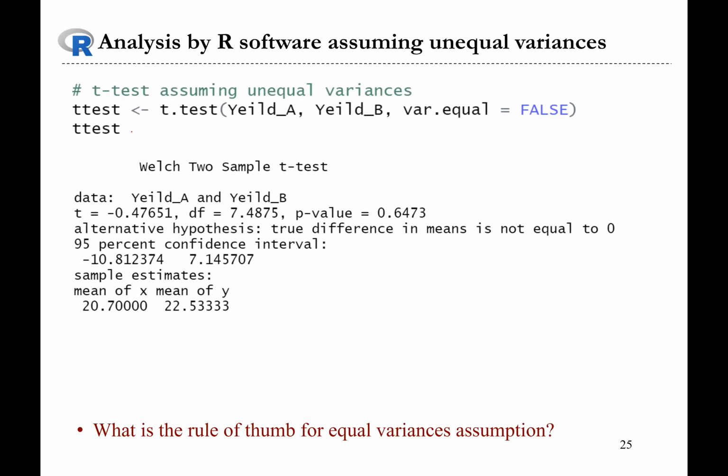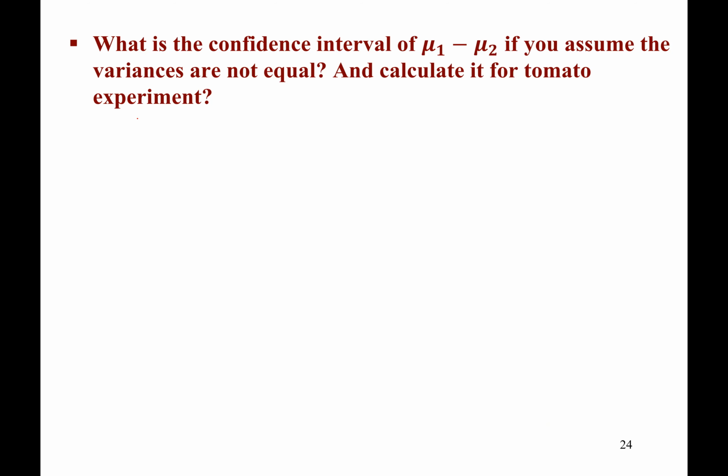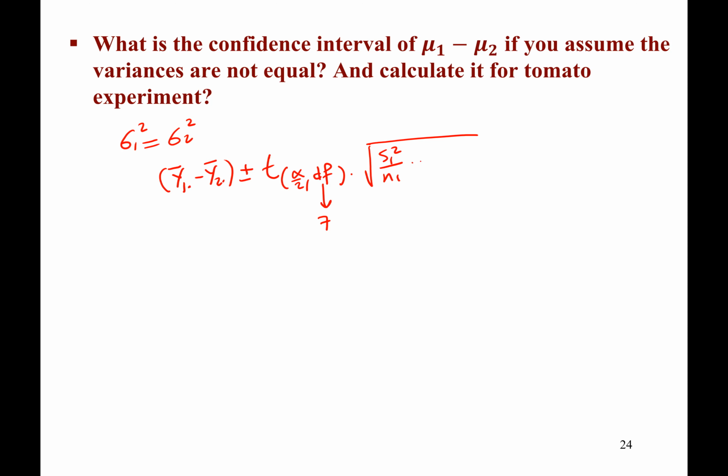It is y1 dot bar minus y2 dot bar, the same as before, plus or minus t at alpha over 2 and the degree of freedom, which this time is 7, times the square root of s1 squared divided by n1 plus s2 squared divided by n2.